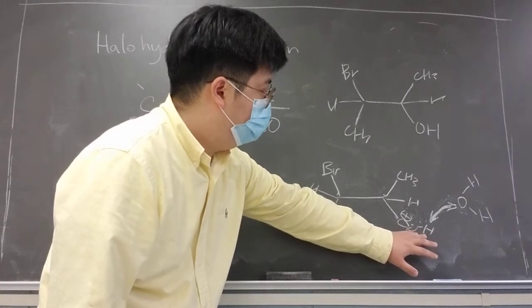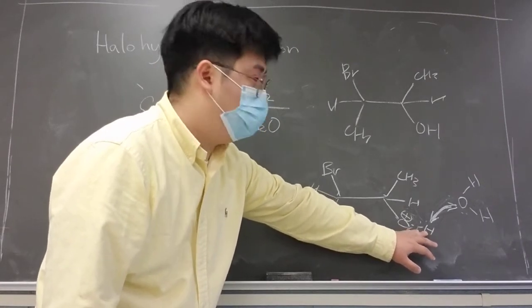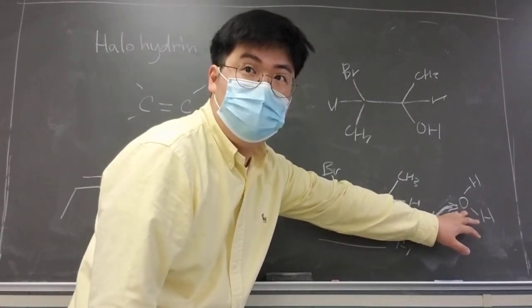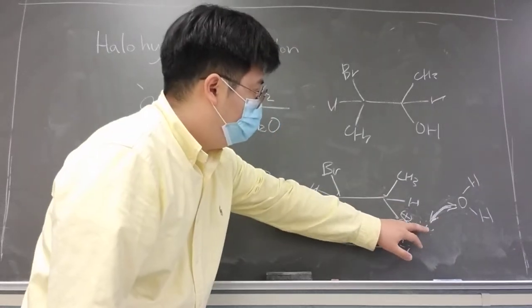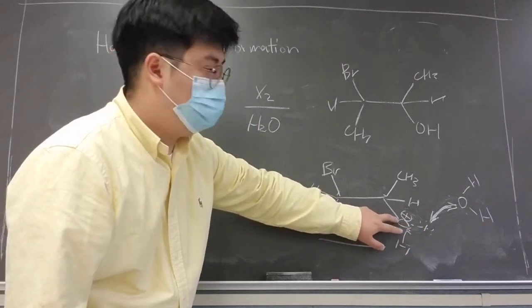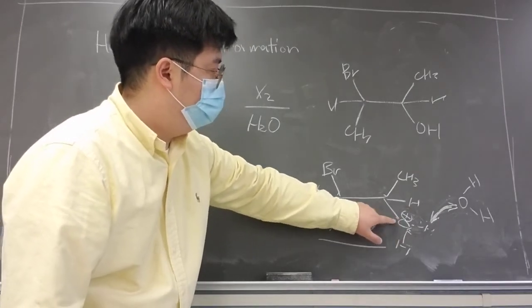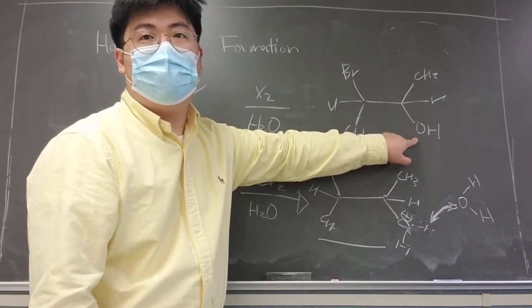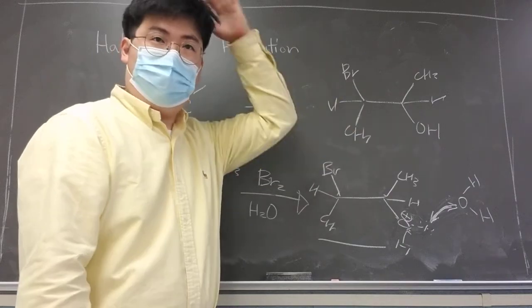So one hydrogen is taken by the other water, and now the paired electrons over here are going to this positively charged oxygen. It's now become neutral. Kind of makes sense.